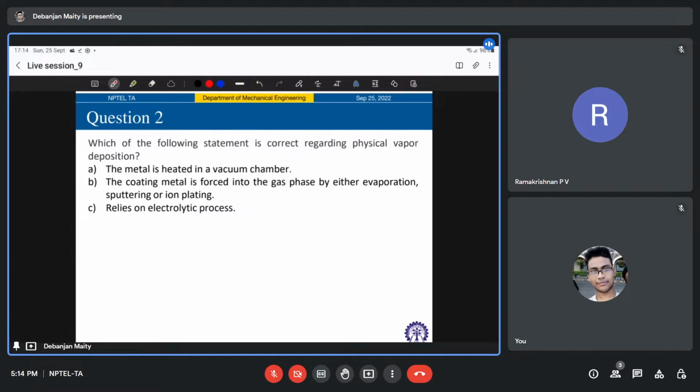The workpiece is first plasma etched to further clean the surface, and then the coating metal is forced into the gas phase by either evaporation or sputtering or ion plating.